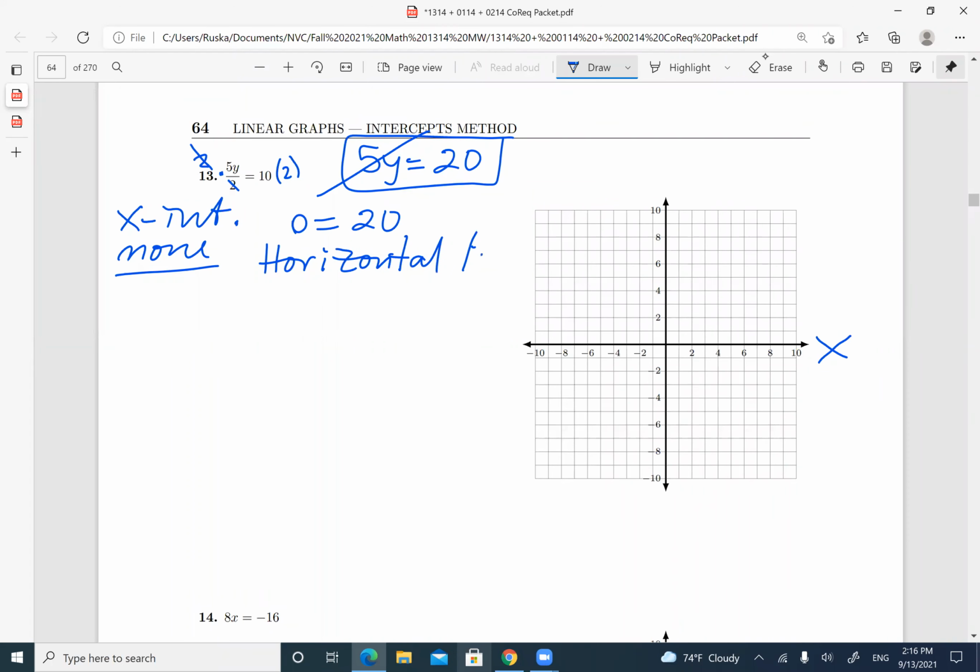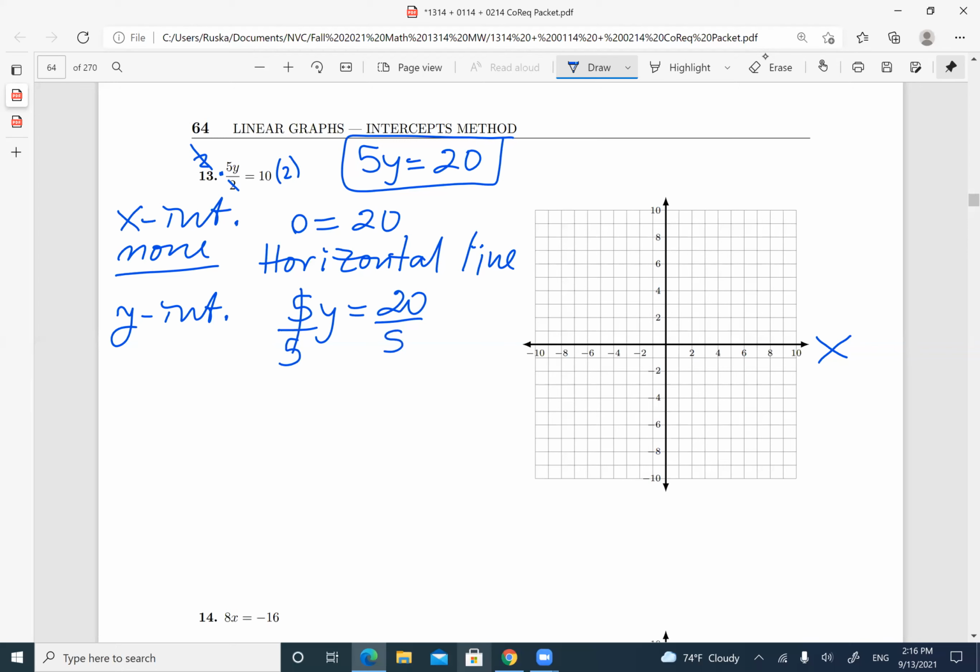Okay, and if it's a horizontal line, you're going to find the y-intercept and you draw a horizontal line through that point. So y-intercept is going to be replacing x with 0, but there's no x, so just going to solve for y. So we have 5y equals 20. Going to divide by 5.